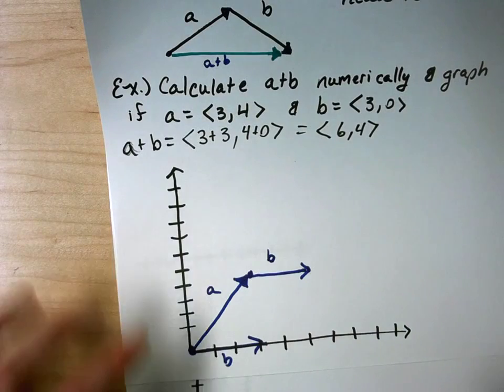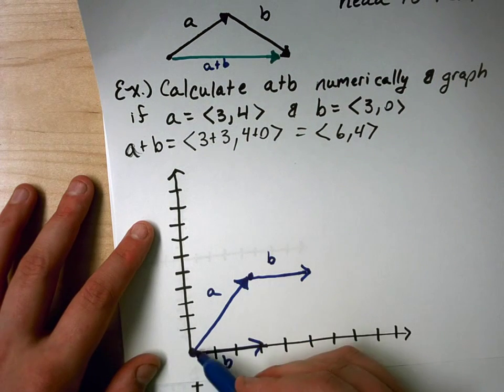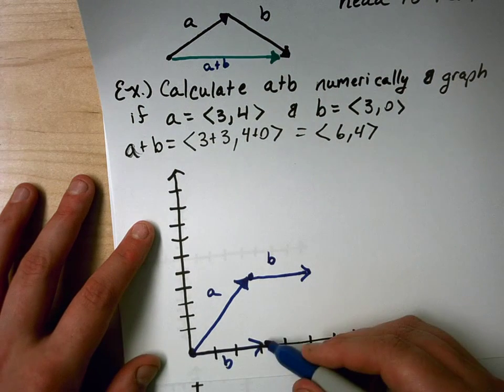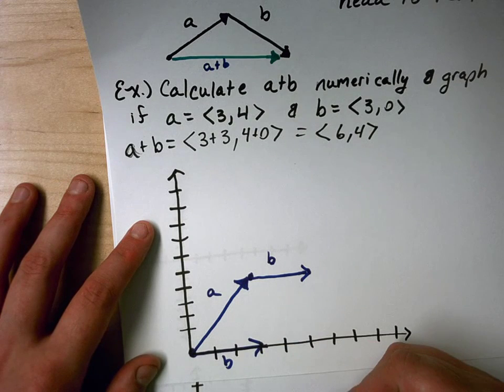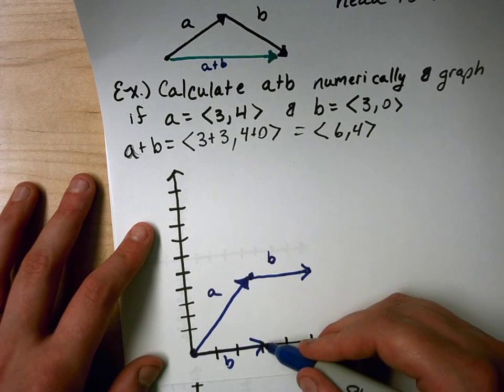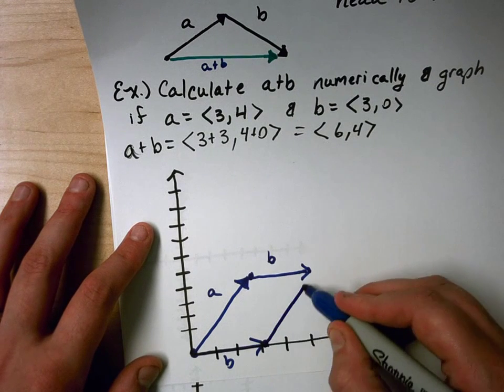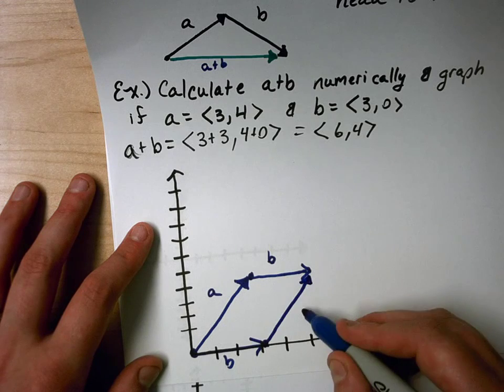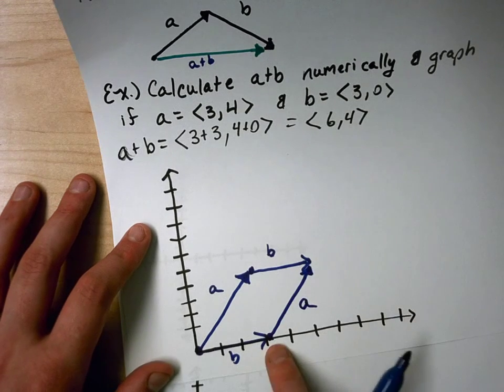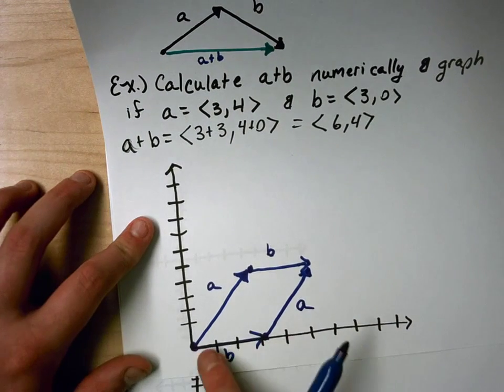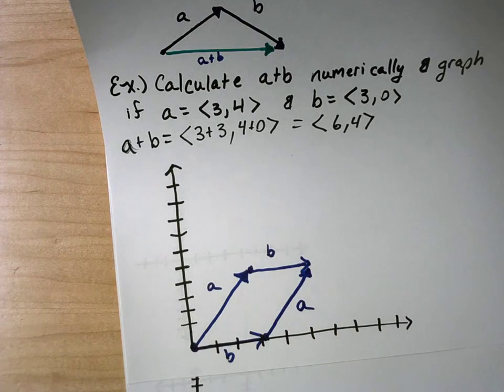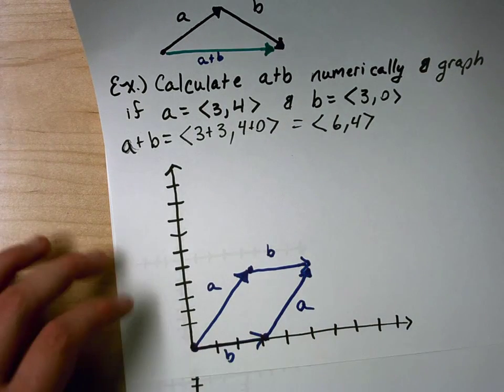Okay. I also could have added the tail of A to the head of B. Had I done that, it would have looked like this. And that's A. Because addition is commutative, you could have done either of these. And watch what happens.